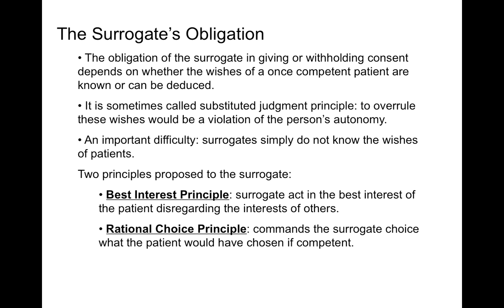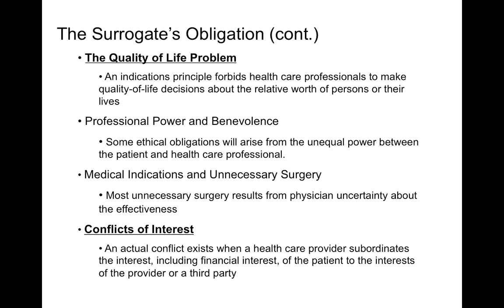The rational choice principle is where a surrogate is going to make a choice about treatment that the patient would have wanted if they were able to make it. So the rational choice principle is certainly going to imply that the surrogate has a very good working knowledge of that patient and that patient's hierarchy of goods, which can include relationships and the interests of others.